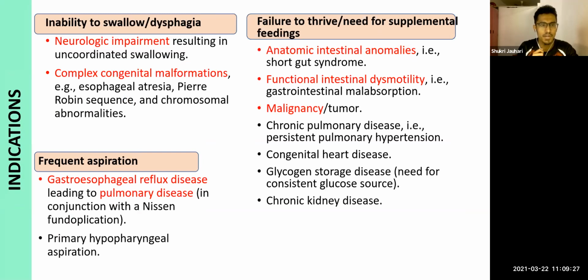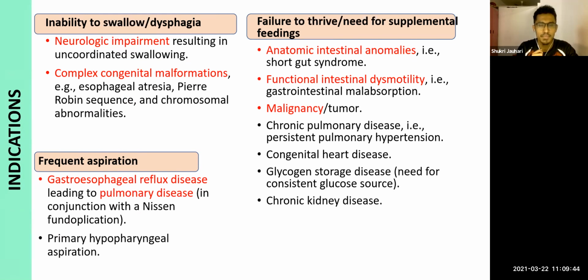Okay, so what are the indications for gastrostomy? It can be divided into three. The first one is if the patient has any inability to swallow or dysphagia, in which the patient has any neurologic impairment, and also if the patient has any complex congenital malformation.